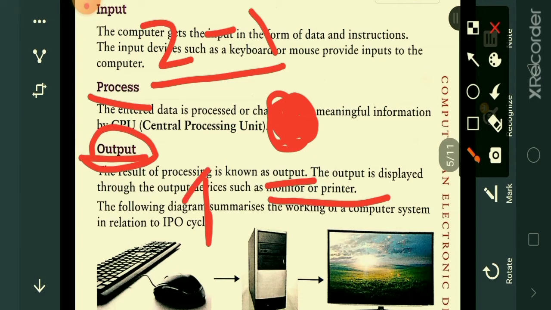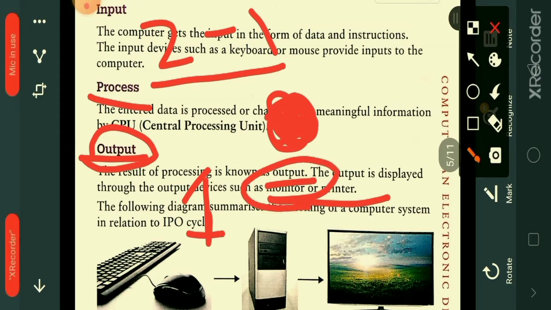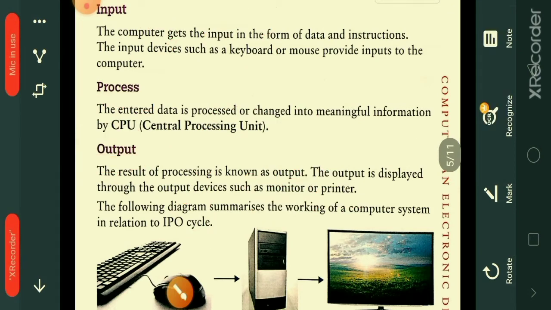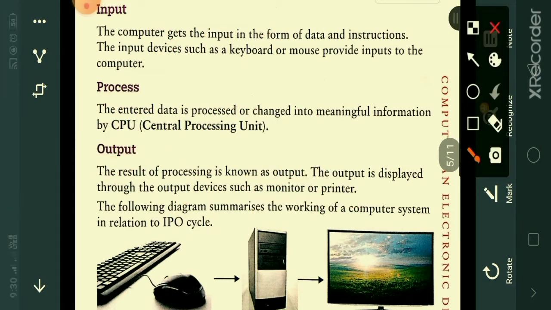Here you will get the result 1 with the help of the output device monitor. After processing in the CPU, you will get the result. That result is known as output, and it is visible on the monitor. That is why the monitor is known as an output device.